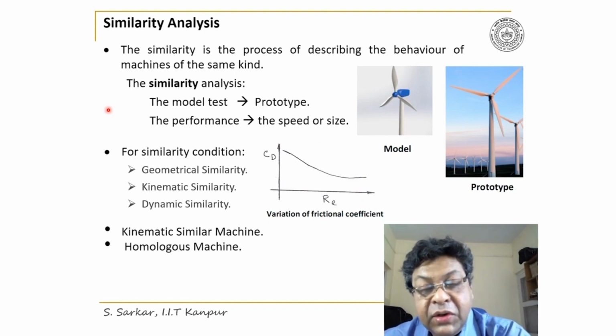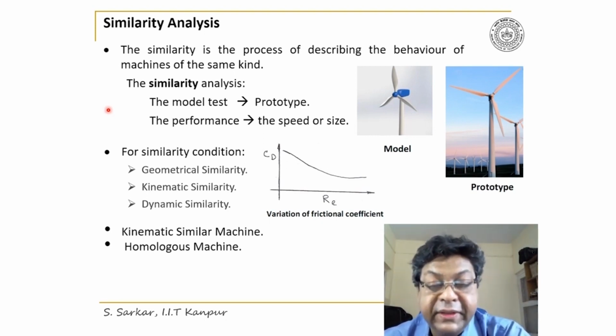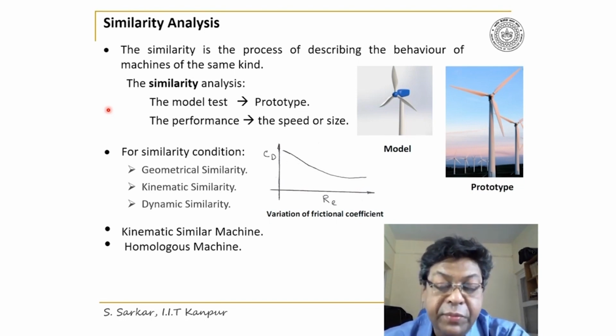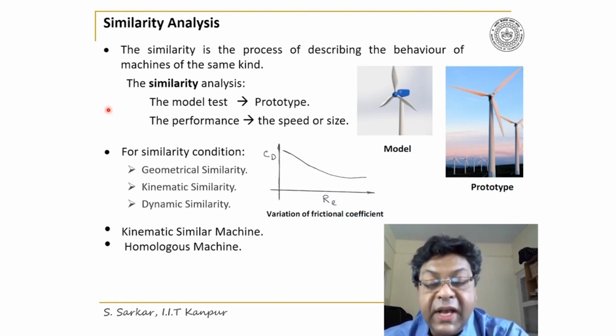In reality, all the design activity after analysis goes through the development of a model, testing those models, and then projecting the test result for a prototype. Immediately, we do not land on the development of a prototype. If the characteristics of the prototype are not satisfied, we go back to the analysis and again carry out the analysis.